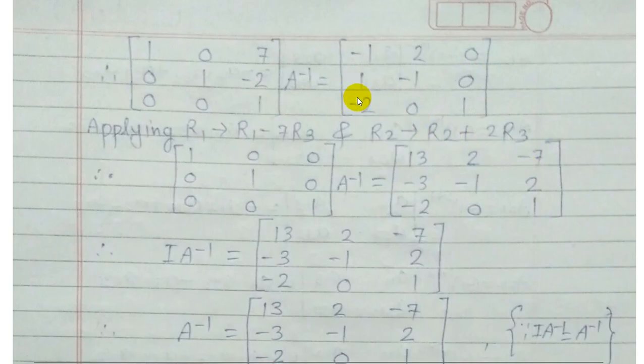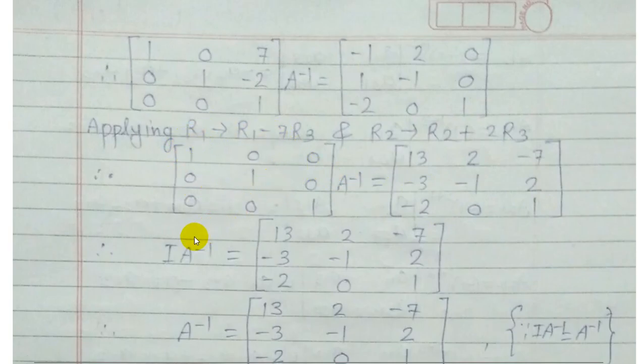And R2 changes R2 plus 2 times R3. So 1 minus 4 becomes minus 3, minus 1 plus 0, that is minus 1, here 0 plus 2 becomes 2. And third row as it is minus 2, 0, 1, here minus 2, 0, 1. So this matrix converted into an identity matrix.